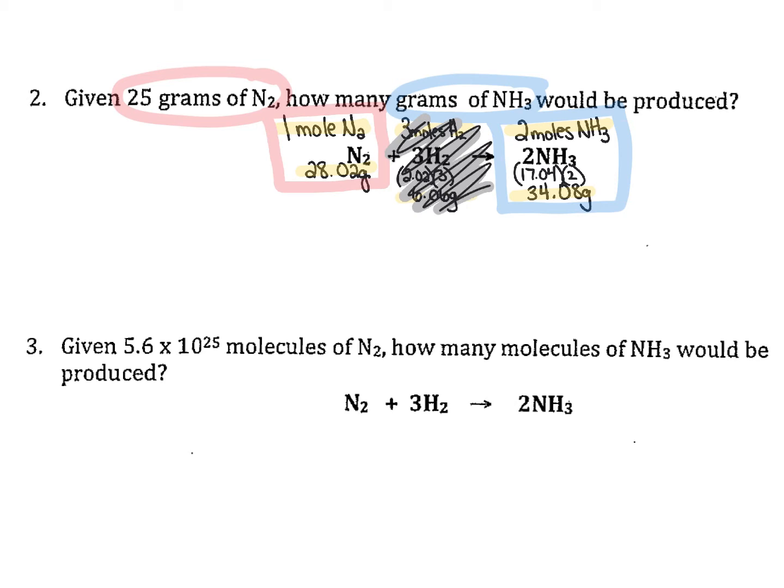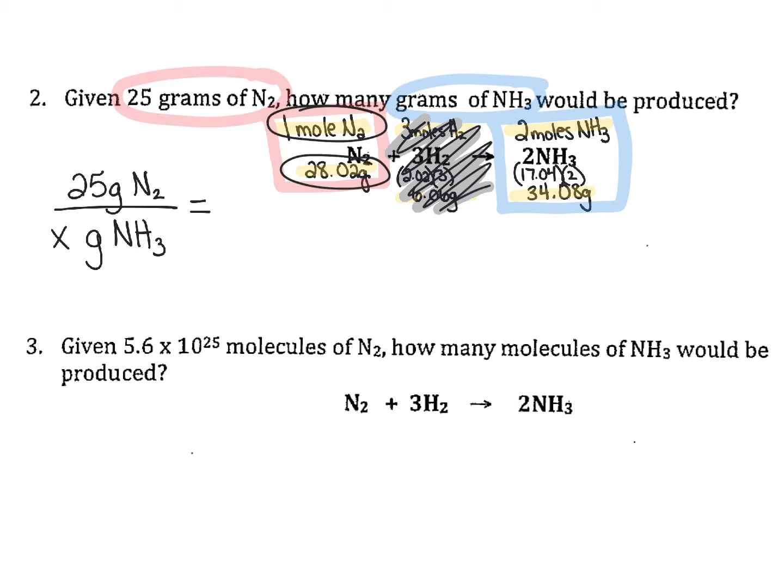So to solve this problem, all I need to do is put what I'm given on the top, which is 25 grams of nitrogen, and put what I want to find on the bottom, X grams of NH3. That's what I don't know. I'm going to set that equal to everything I know about nitrogen. According to my balanced equation, 1 mole of nitrogen is going to be 28.02 grams of nitrogen.